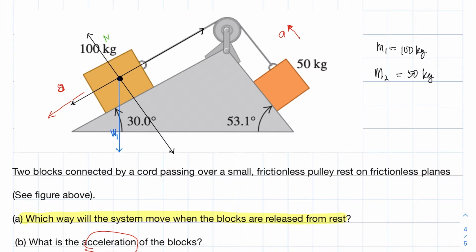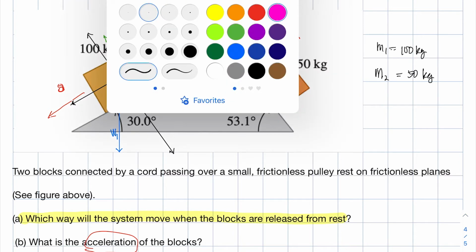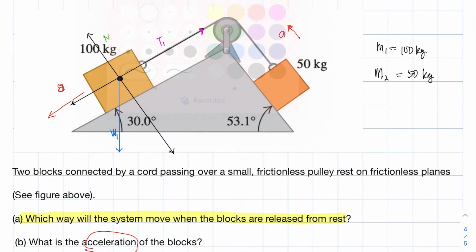In the case of mass 1, the string is pulling in this direction, towards here. So I will situate my tension 1 in that direction. Right now, this is still not really friendly to the eye, but you will get to see this simplified and translated in a more friendly manner later.